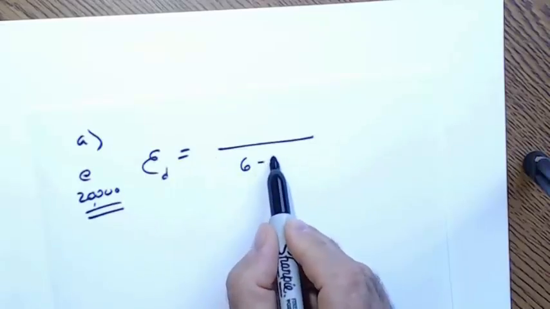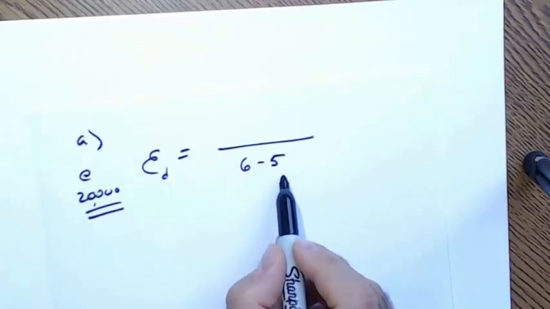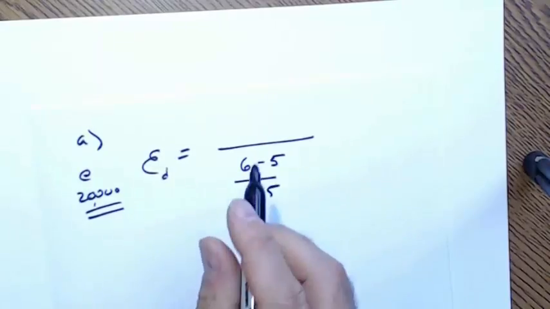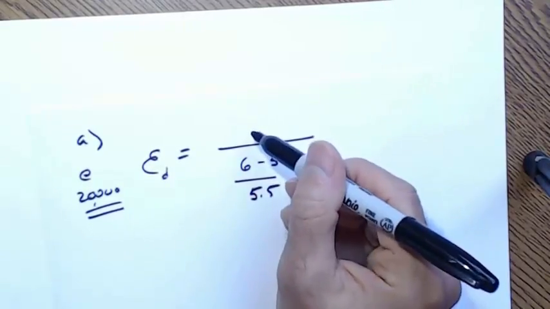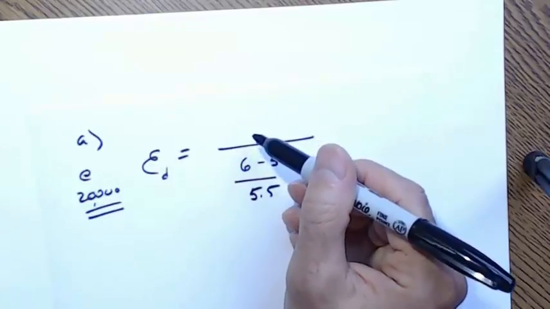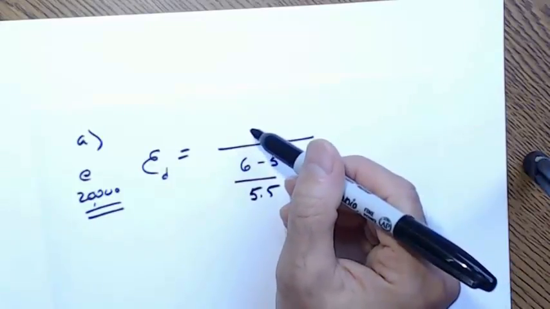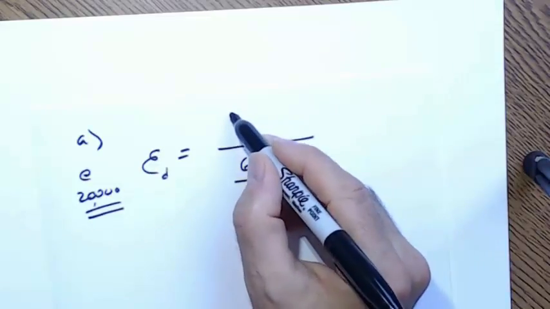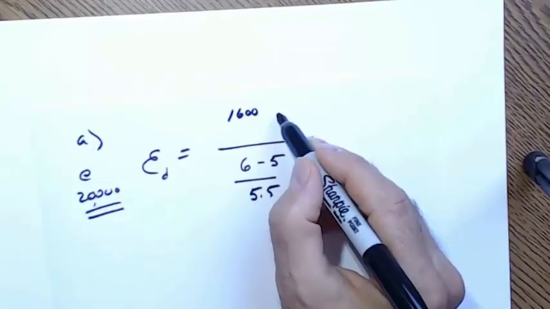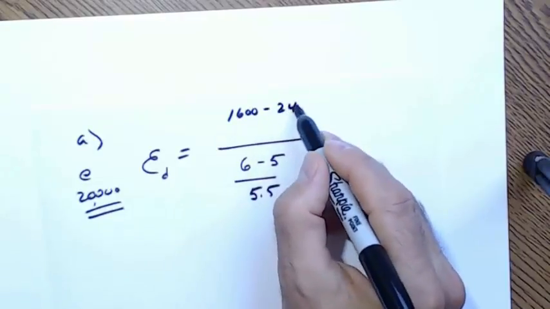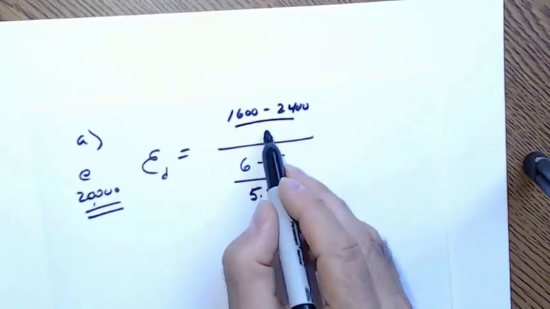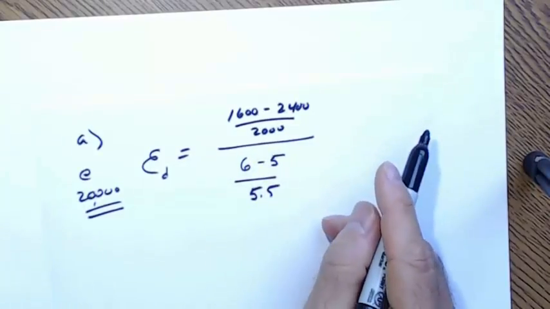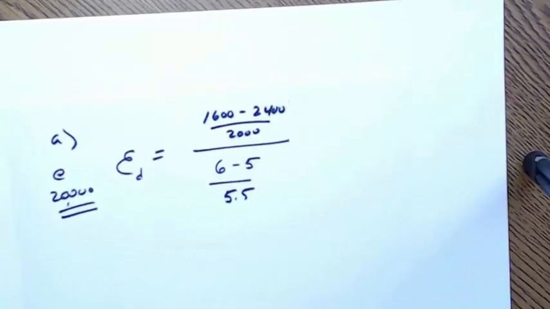That is a dollar increase, positive, divided by the average of those two, which is $5.50. And then when we look at the table, we see quantity changing from 2,400 to 1,600. So quantity dropped by 800, and the average for the midpoint was 2,000.